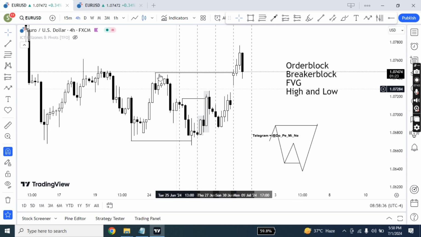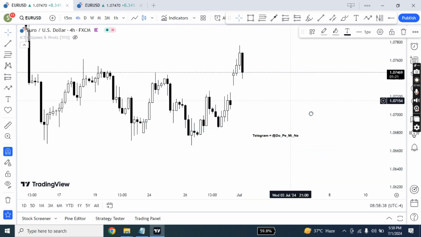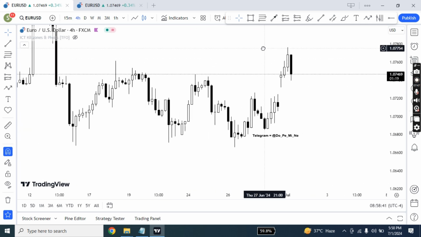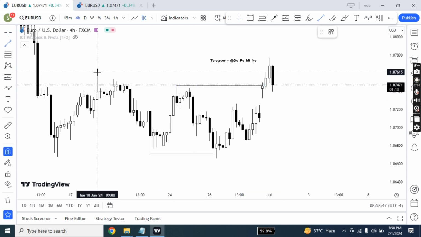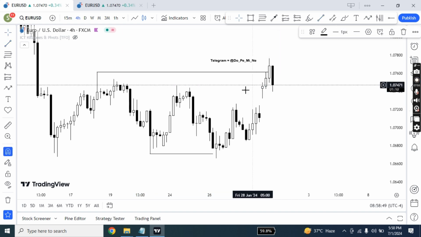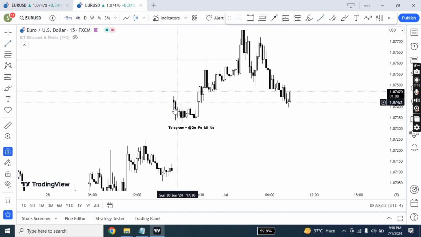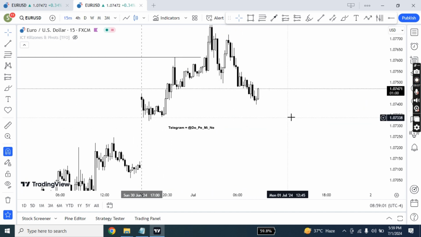Let's remove all of this right here. So we've got this range low, this range high, but also this range high as well. Now this is Monday right here, and price opened with this huge opening gap right here, after 17 Eastern time, or 5 p.m. Eastern time.